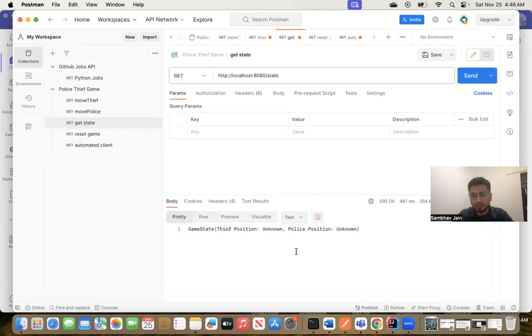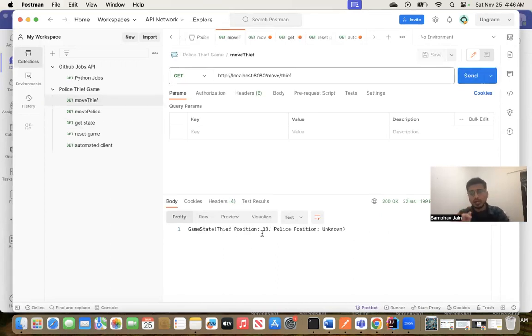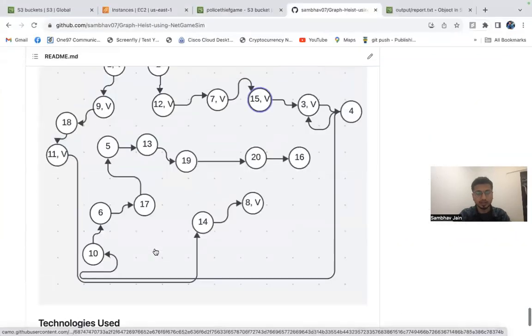Since none of the players have made a move, there is no position that is assigned to them. So let's start with the thief. If suppose thief makes a move, so thief is at position 10. So right now I'm playing on a graph which has 20 or 21 nodes, and let's visualize how exactly things are happening here.